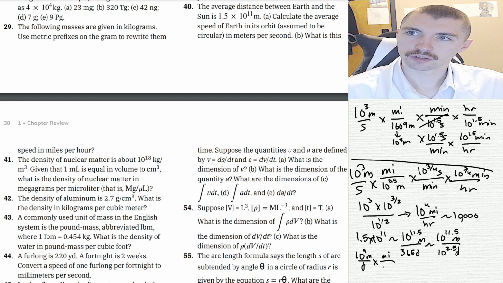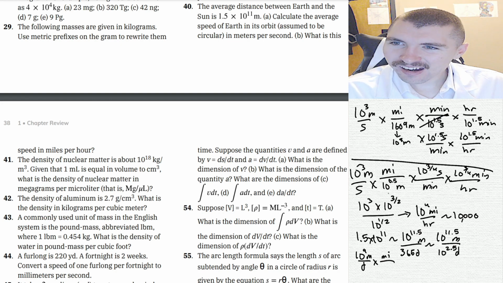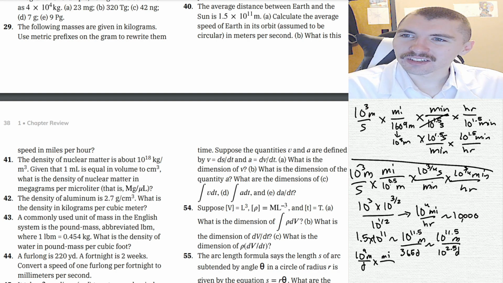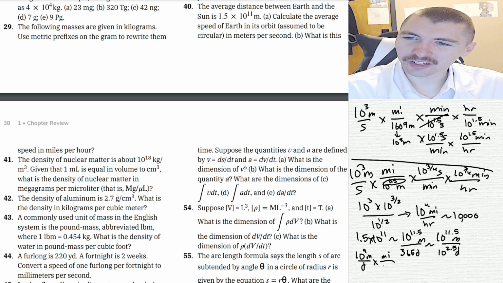Miles per 10 to the 3.5. Okay, this should be 3.5, but too late now. Ten to the 3.5.